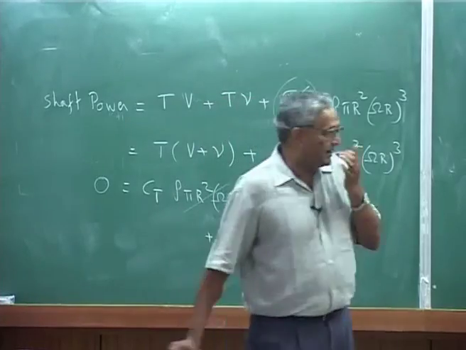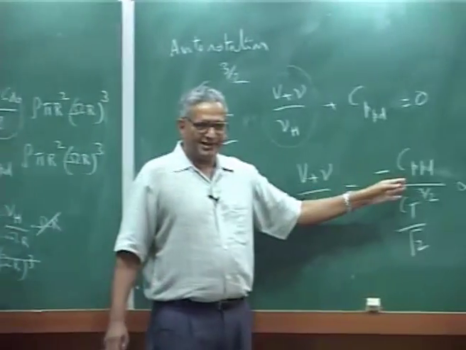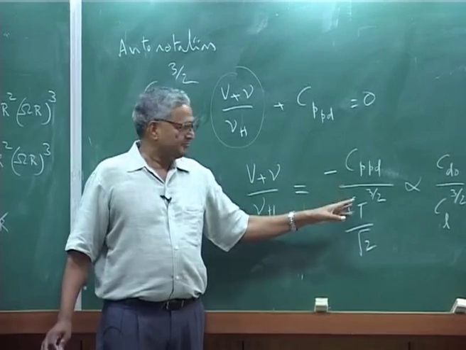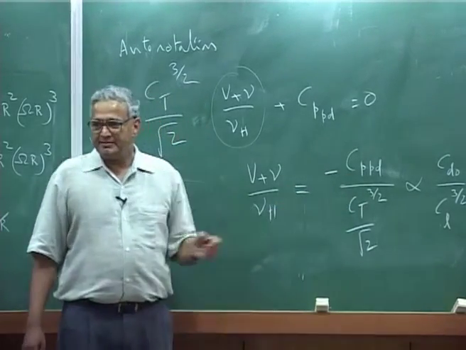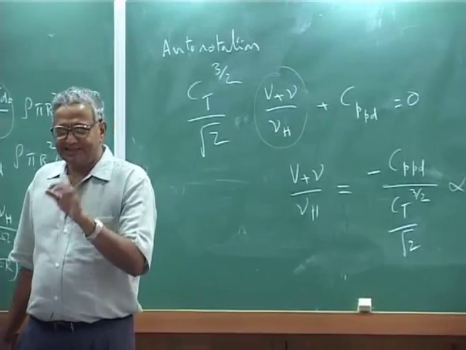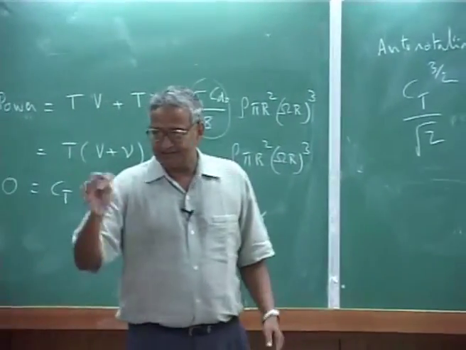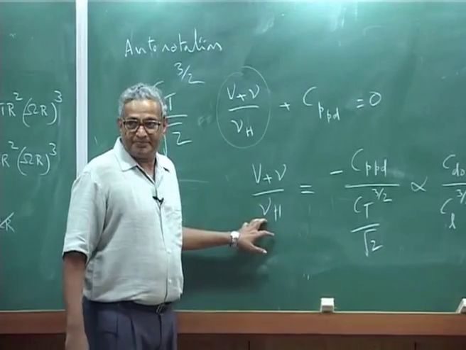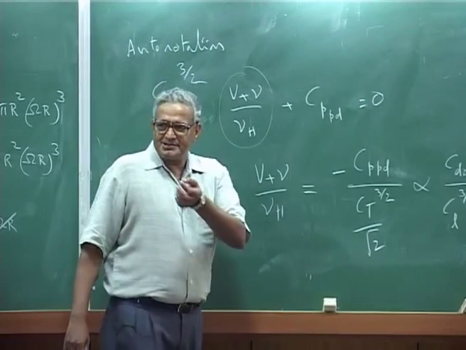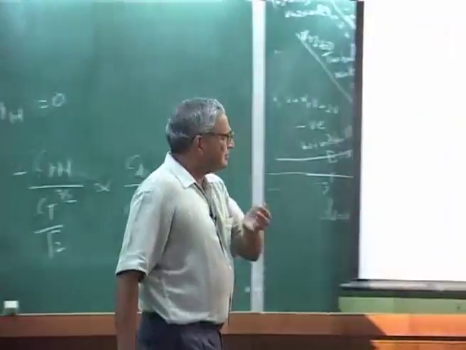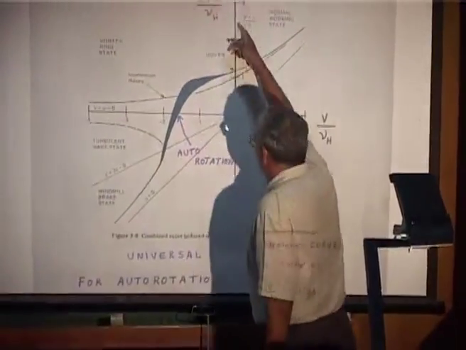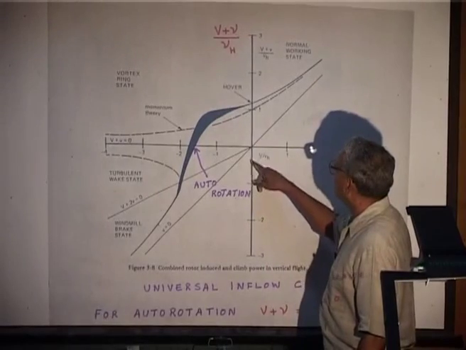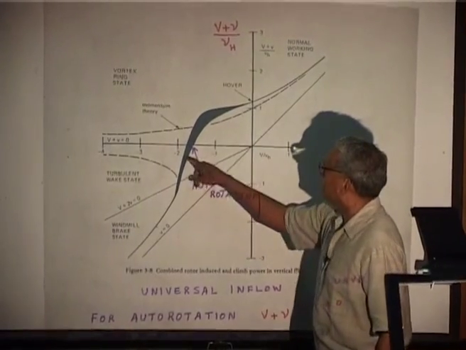where, and you will find that if you normally substitute the values of CD naught over all these things, this is approximately around minus 0.3, 0.4, 0.3, something like that. That means V plus nu over nu h is about minus 0.3, 0.4, which is, this is the y axis, V plus nu over, that is around, this is 1.3, maybe somewhere here.